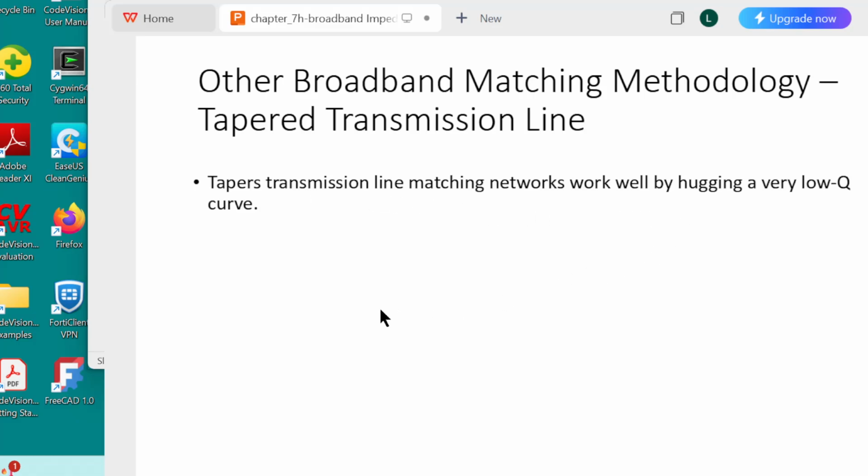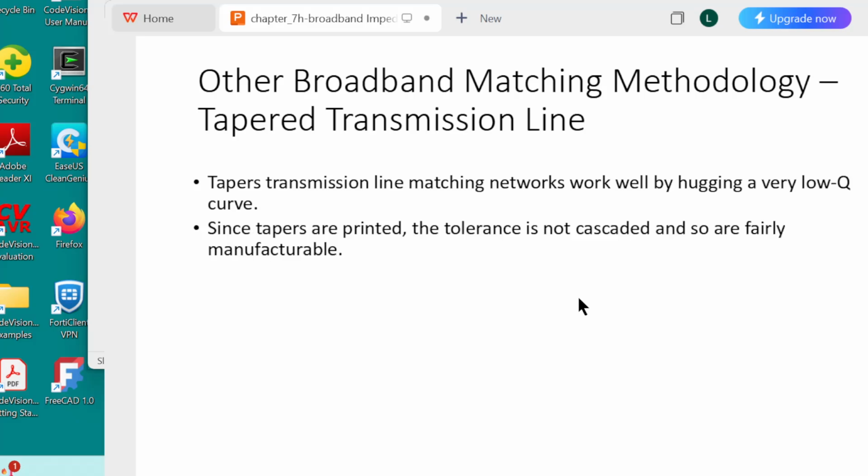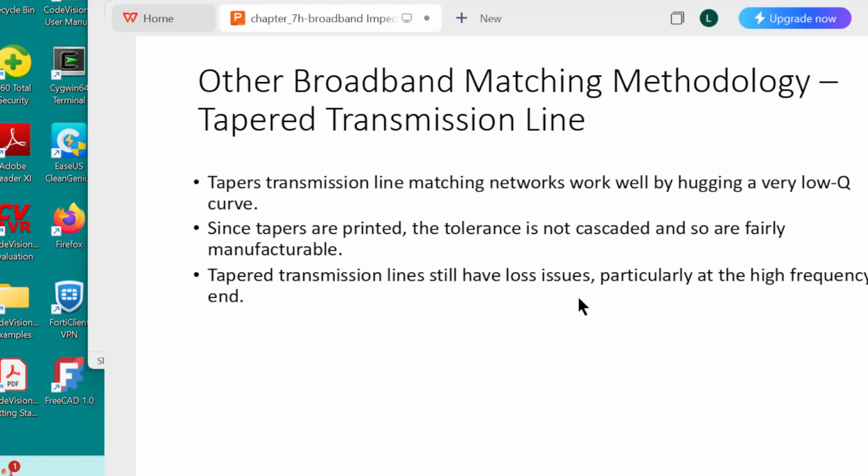You will end up with a very low Q value, and normally the tapers are designed with computer-aided design software, so the total length is not going to be significant, and also it's quite manufacturable. Of course, just like any other tapered transmission line, it has some reflection.